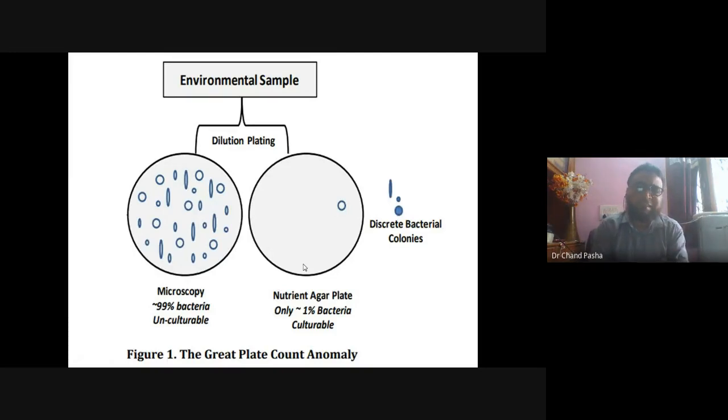That means there are unculturable bacteria surviving in this environment. And basically, cultured bacteria are of two types.